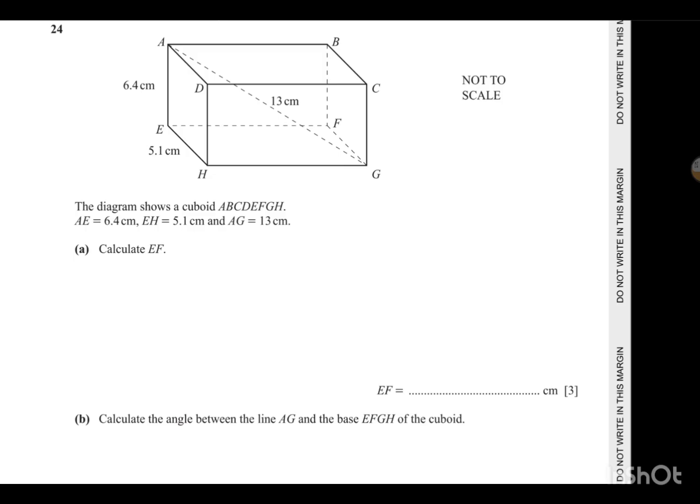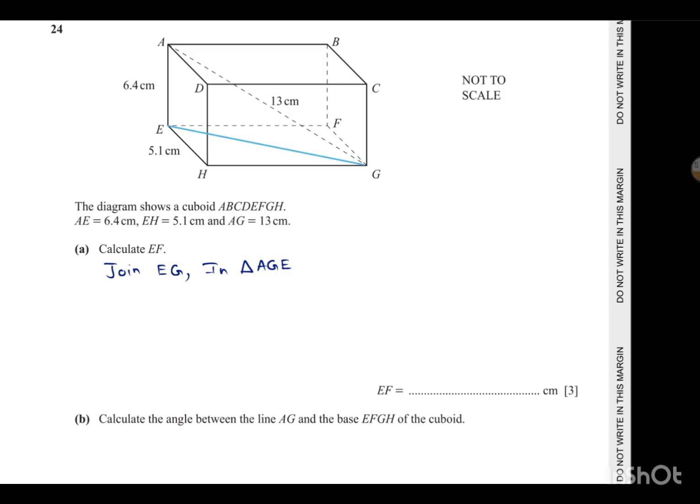So first let us draw one line making a diagonal at the base, that is EG. Now you can see a triangle AEG or AGE, whatever you can say. Using this triangle AGE we'll find out EG. So we'll join EG in triangle AGE.